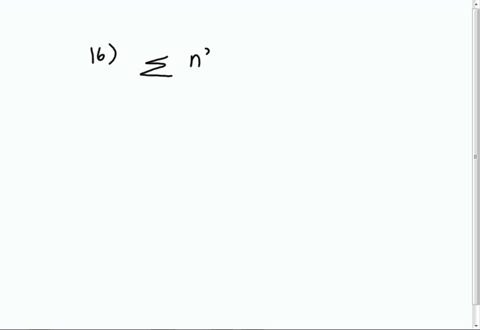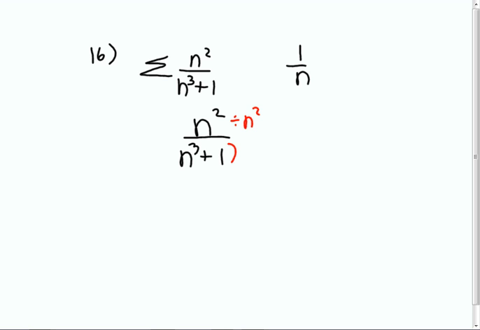It's n squared over n cubed plus 1. When I get something that looks like that, it makes me think of the p-series, doesn't it? What does this look like? If you were to ignore the 1, it looks like 1 over n. Now, here's how I would do this. I would divide the numerator and denominator by n squared.